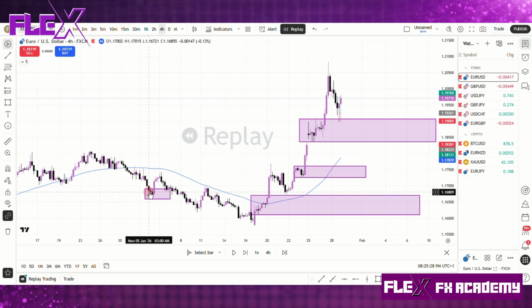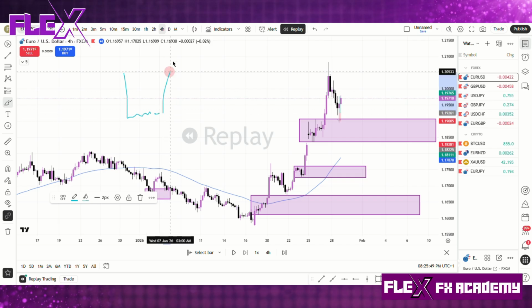a decisive candle. So always remember, when you mark your zone, ensure that a decisive candle led to the base, and then another decisive candle left the base. It can also happen this way.